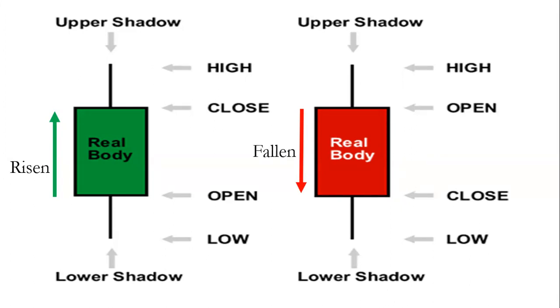What else can I actually see on the candlesticks that's giving me more information? The other thing that you'll see is that price has a high point where it reached, and it also has a low point where it reached. You can see this when you see wicks that represent the highs and the lows.